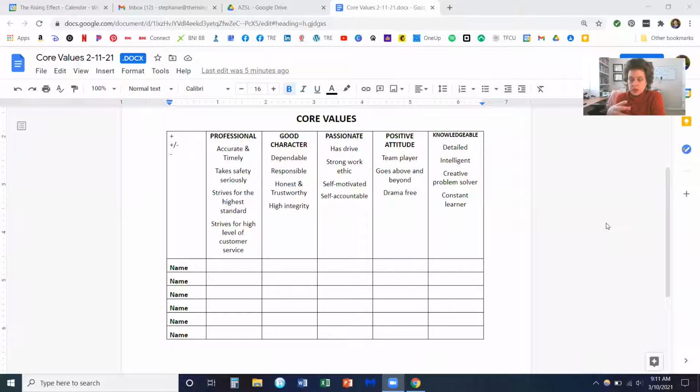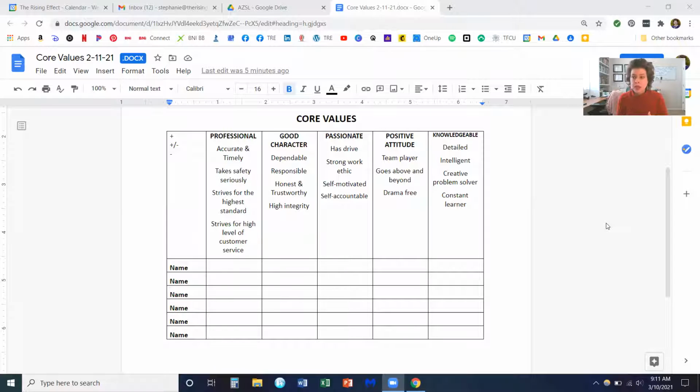Core values are those principles that you want your company to represent and to be known for. And the process that I go through with my clients, and this is an example of something that I did recently with a client, is to try and identify those 5 areas that really are like the pillars of your business philosophy, how you want everyone to interact with one another, how you want people to interact with your clientele.